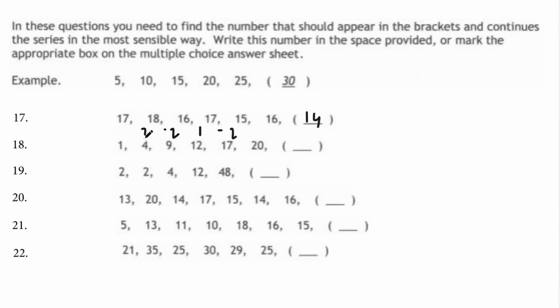Then we have 1, so add 3, add 5, 3, 5, 3, 5 is 25. 19, we have 0, 2, or let's see if we're adding, multiply by 1, multiply by 2, multiply by 3, multiply by 4, multiply by 5, 48 times 5 will be 240.